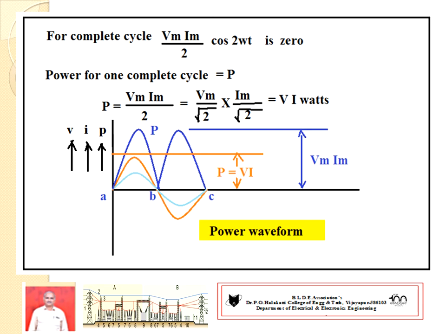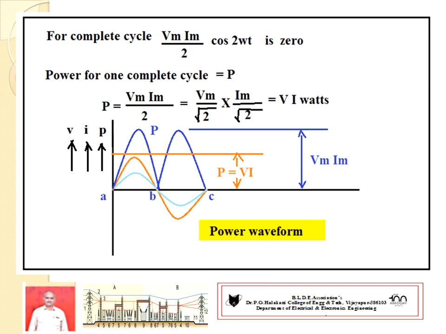Hence, you separate the term 2, that is Vm by root 2 into Im by root 2. Vm by root 2 may be written as Vrms. Im by root 2 may be written as Irms. Hence, power is the product of the RMS value of voltage and the RMS value of current.